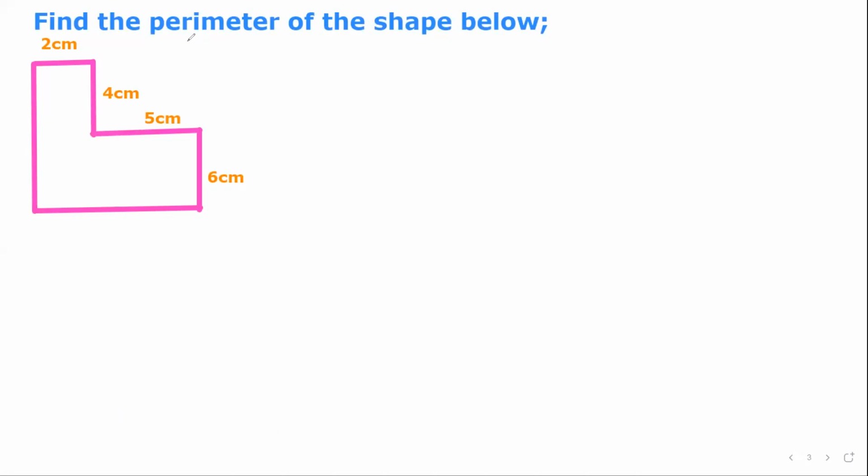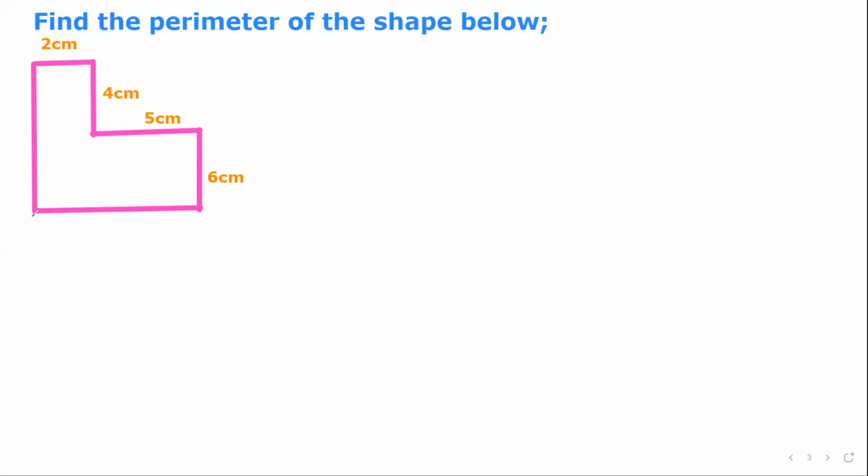Let's solve the last example concerned about this one. Now find the perimeter of the shape below. So with this, you first check the unit and they are in the same unit. So here you are not going to change anything. Okay, good. Therefore, you are going to use what we know here to find what we don't know.